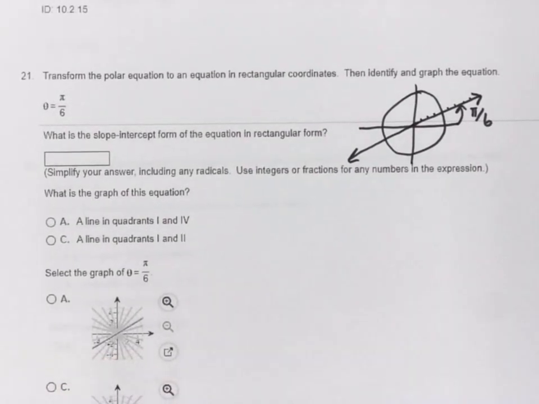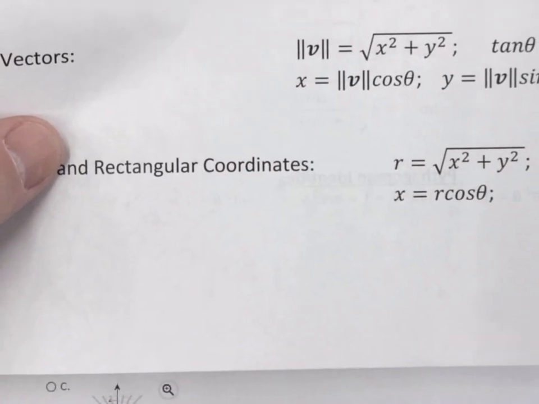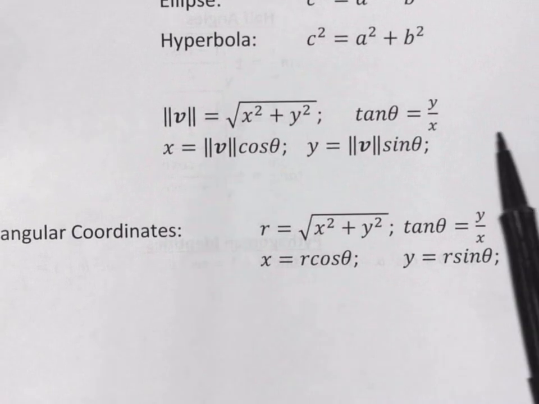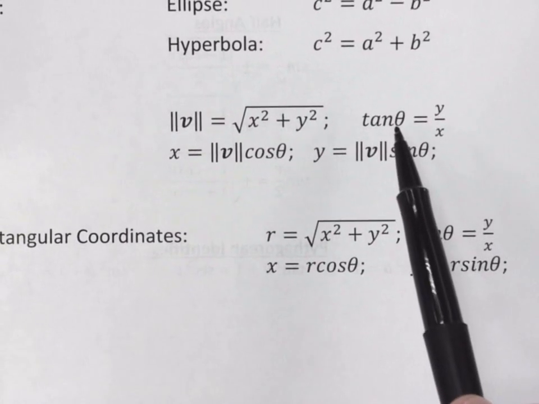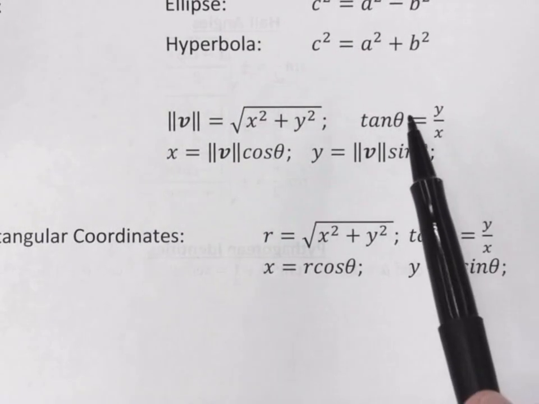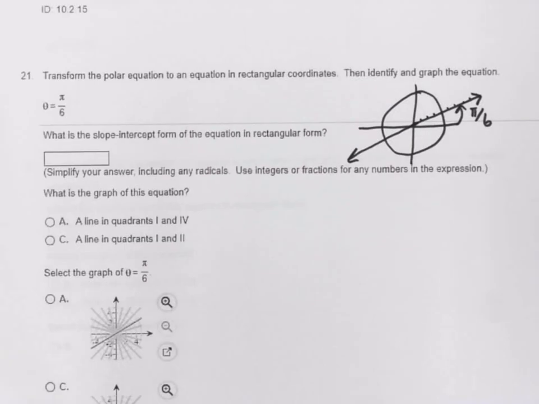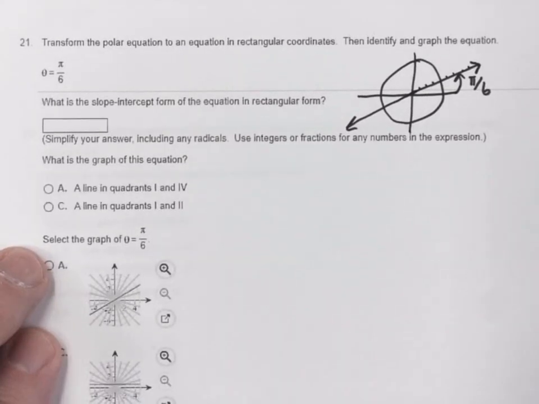Well, in this case, if I go back to my formula sheet and I look, how does theta relate to x and y? Let's look at this right here. Tangent of theta equals y over x. So I'm relating theta and x and y. So let's think how we might use that.